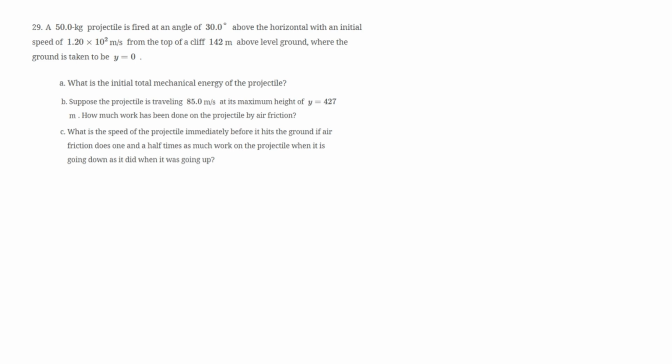So they ask, what is the initial total mechanical energy of the projectile? Suppose the projectile is traveling at 85 meters per second at its maximum height of 1,427 meters. How much work has been done on the projectile by the air friction?